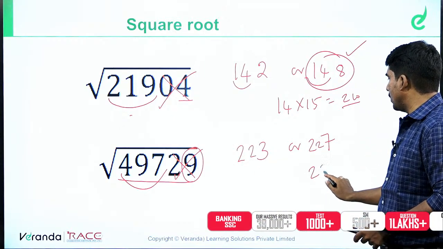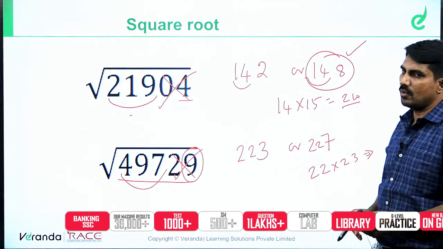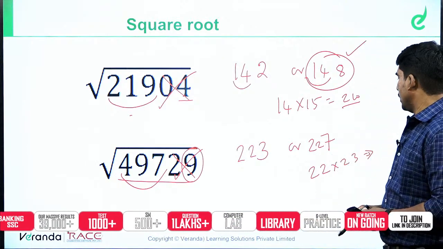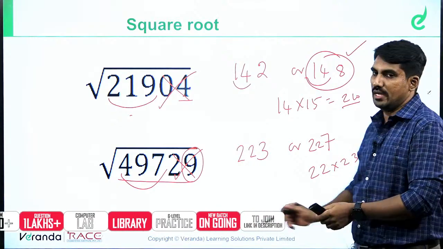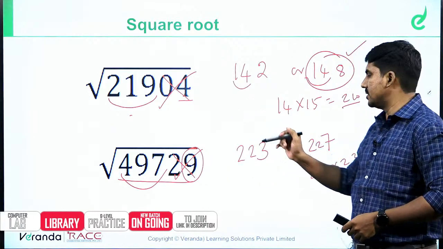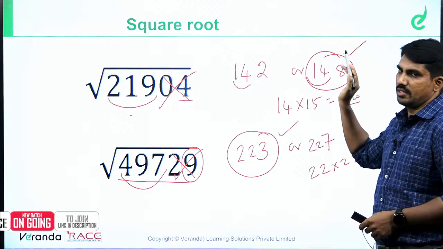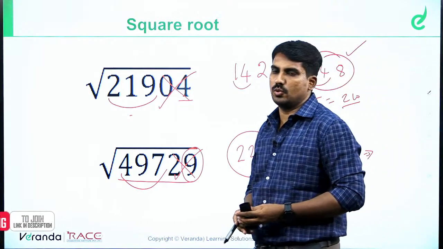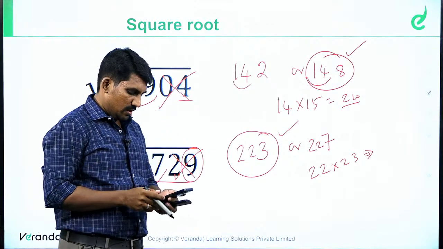Now quickly we have to check what is 22 into 23. We get a higher number than this. Therefore, we can say the answer is 223. Right? Answer is 223.